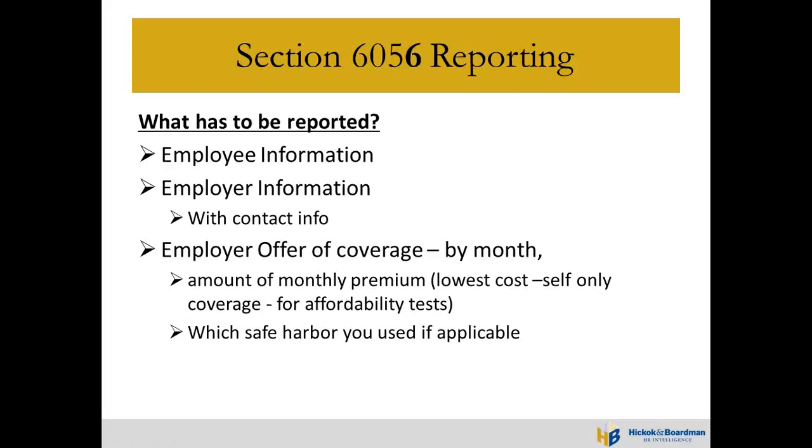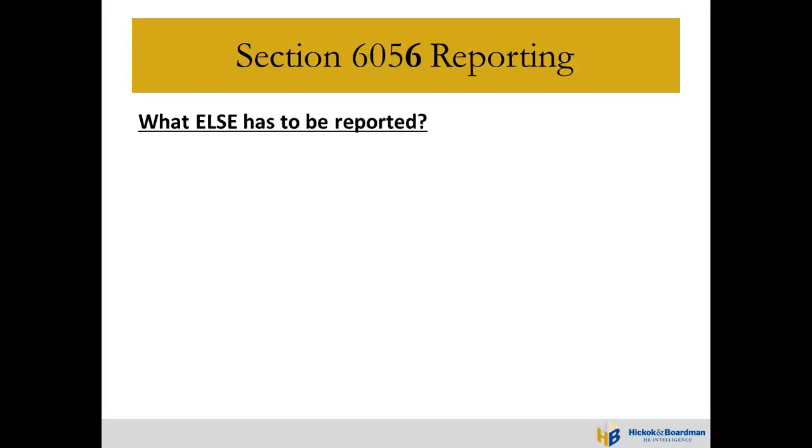That's the amount that you need to look at for determining your affordability test. You also have to report which safe harbor you used, if that's applicable. If you used the W-2 safe harbor, a rate of pay safe harbor, you have to report on that form which safe harbor you used, and it's all code driven. There's codes in the instructions that you have to put in certain boxes.